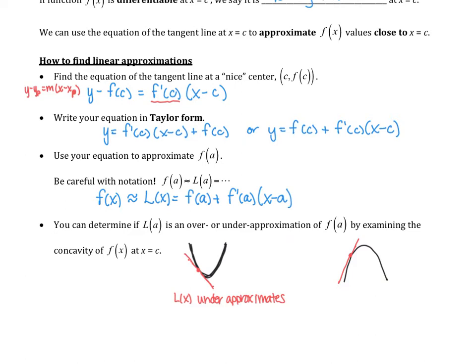Therefore, any point that I use as an approximation is going to be an over approximation. Let's use the same verbiage: it over approximates the value of that function. So knowing the concavity can really help us with this problem.